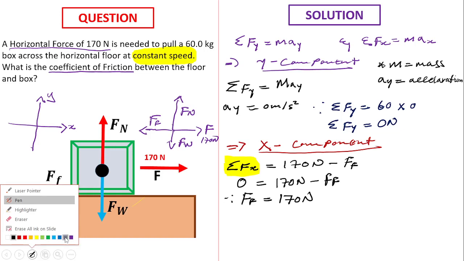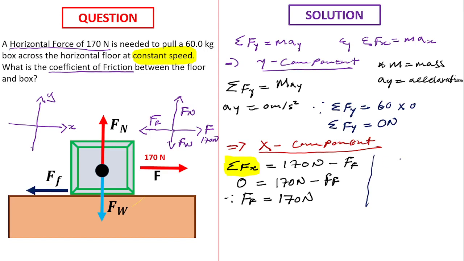In short, the summation of Fx should be equal to max. But because the speed is constant, ax will be equal to 0. So summation of Fx is simply equal to 60 times 0, which is simply giving you 0 Newton. That's why Fx has come out as 0.